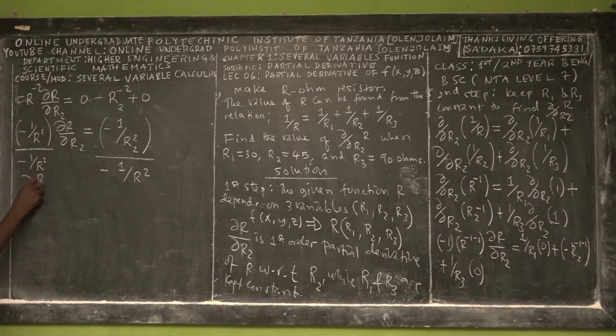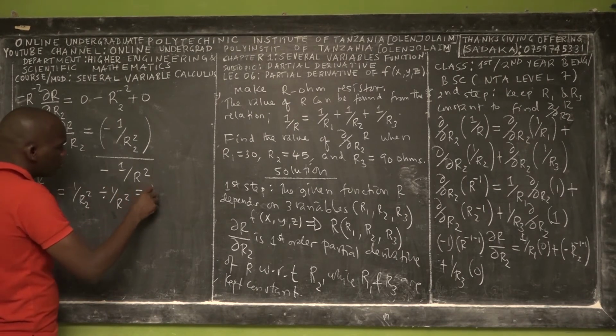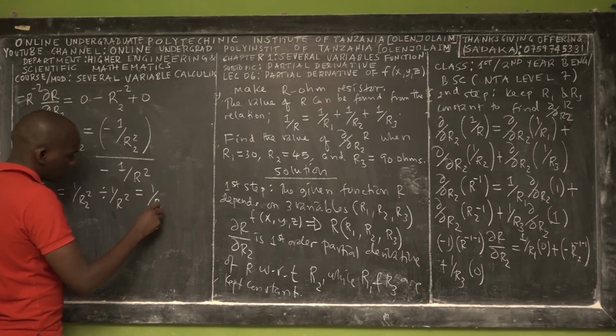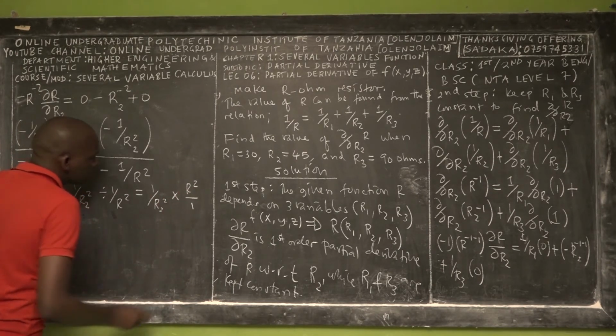So the formula for finding the partial derivative of R with respect to R2 is equal to what? Negative over negative is 1, it's positive. So here we have 1 over R2 squared, divided by 1 over R squared. This is equal to 1 over R2 squared times R squared over 1.